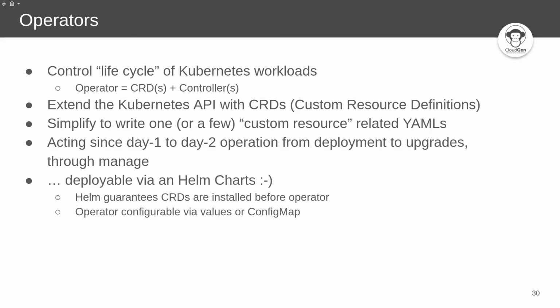But of course, an operator is a Kubernetes application. It can be deployed using Helm charts. And in the Helm charts, there is a kind of cool feature about making sure that the CRDs for your operator are installed before the operator itself, because if you install your operator but you don't install the CRDs in the Kubernetes cluster, the operator will raise errors, because when it tries to ask the API server to watch a custom resource, the API server will not know about this custom resource because you didn't deploy the custom resource definition.